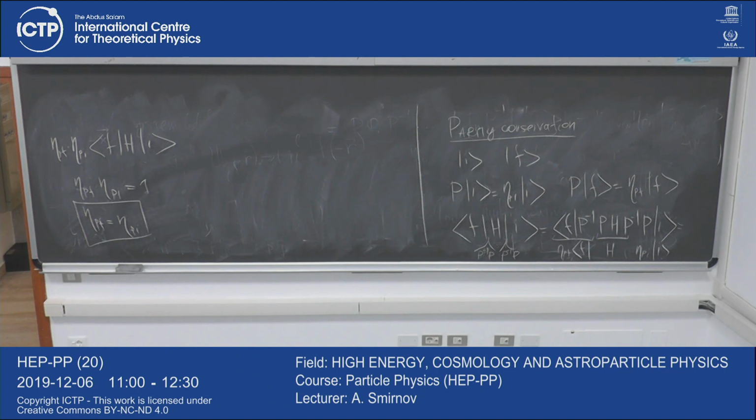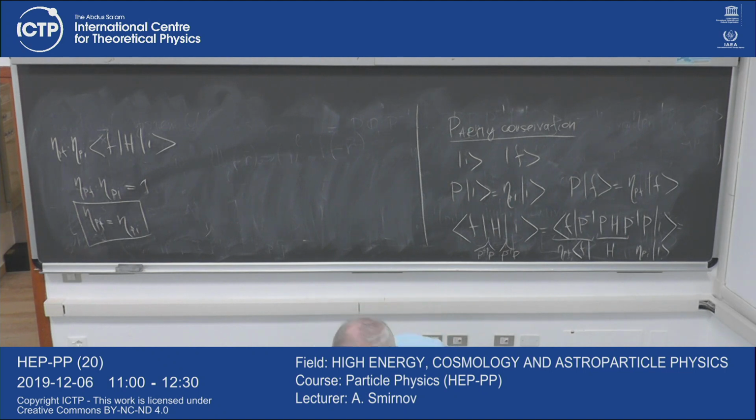So now we start to move. Oh no, before this I will probably make one comment. What is the consequence of parity conservation? Actually there are important consequences which we will discuss to a large extent later.